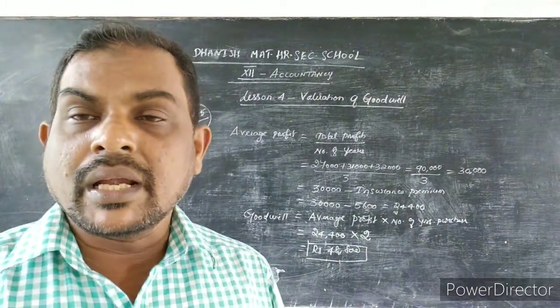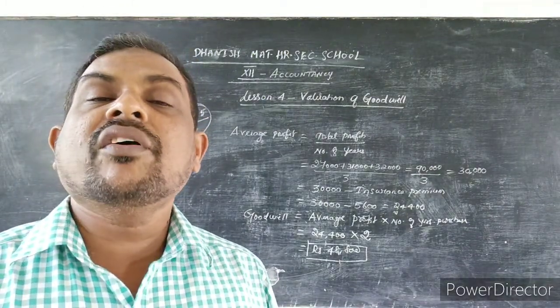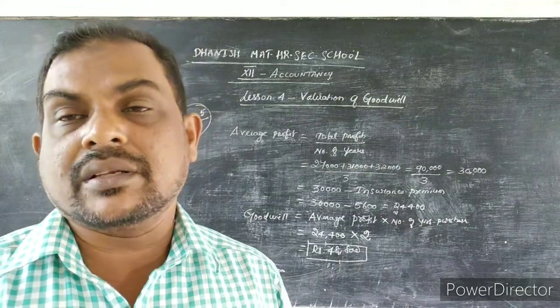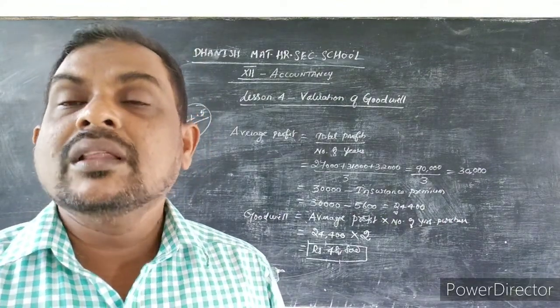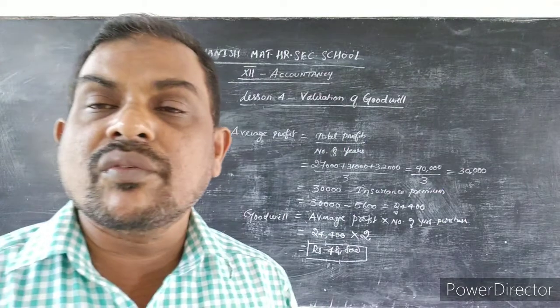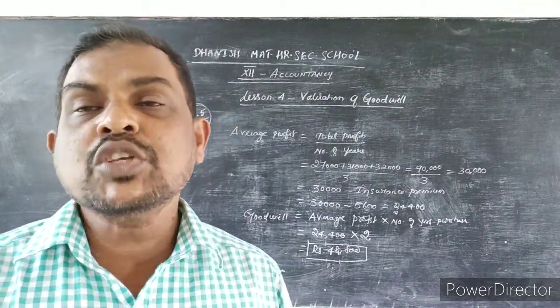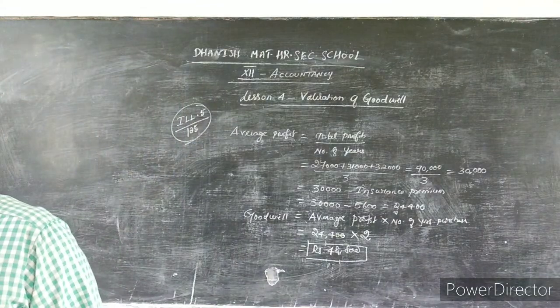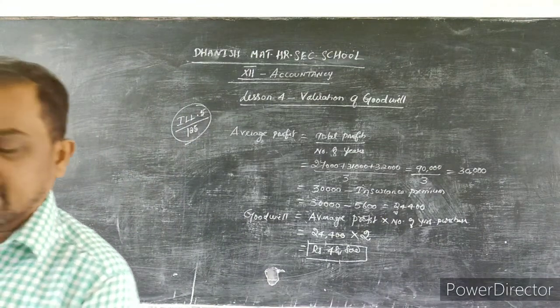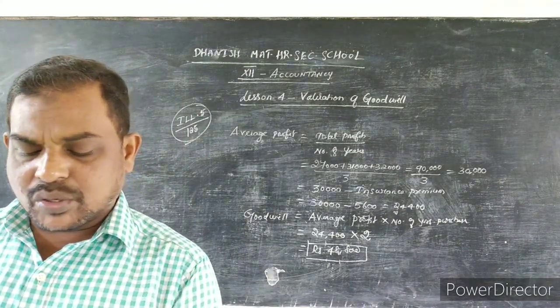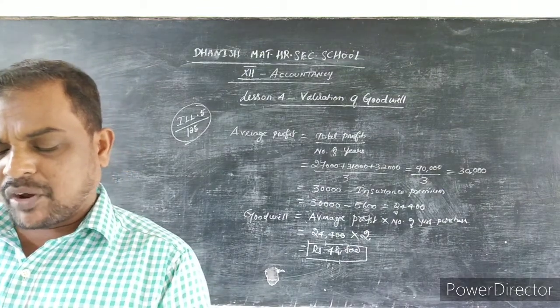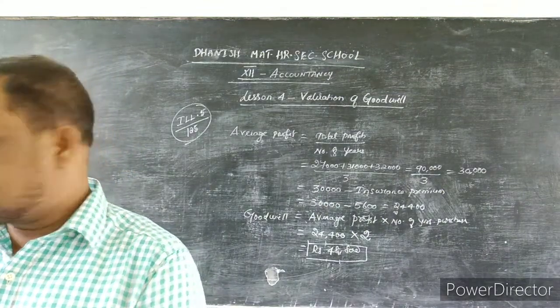Now let us see one more sum, that is calculation of weighted average profit. This weighted average profit also comes under the average profit method only. The formula for weighted average profit is total of weighted profit divided by total of weights.